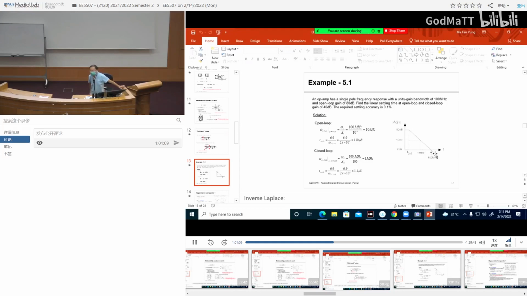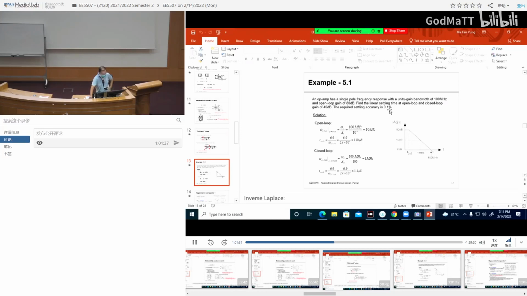From here you can see that the 3 dB pole is at 10 kilohertz. Once you know that, we can work out the settling time.